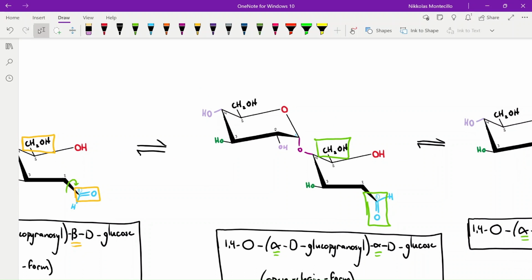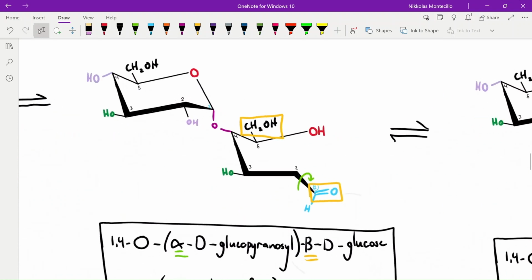Now we can see that the configuration of the substituents has changed, where the substituent for carbon 1 is facing one side of the ring, while the substituent for carbon 5 is facing the other side of the ring. And we can see here that the configuration of the second monosaccharide is now alpha.